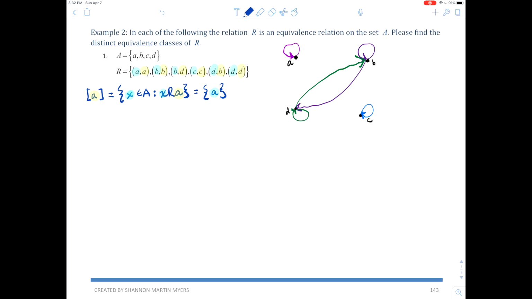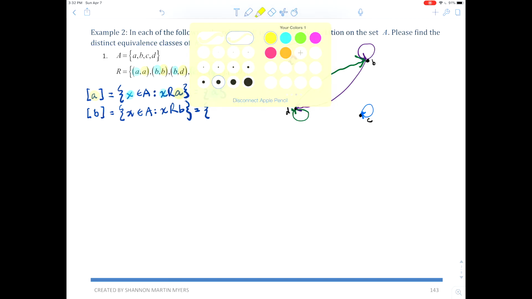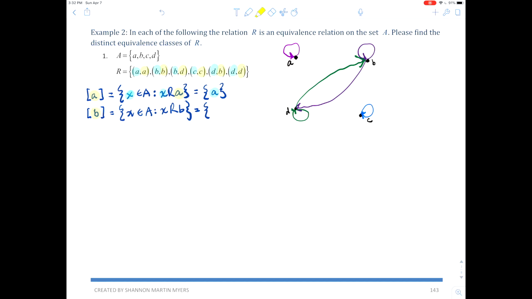So now let's do another one. What about the class of B? What's that going to look like? Well, X is going to have to belong to A such that X R B. So let's see what we would get. If we do our little highlighting, let's do our output first.